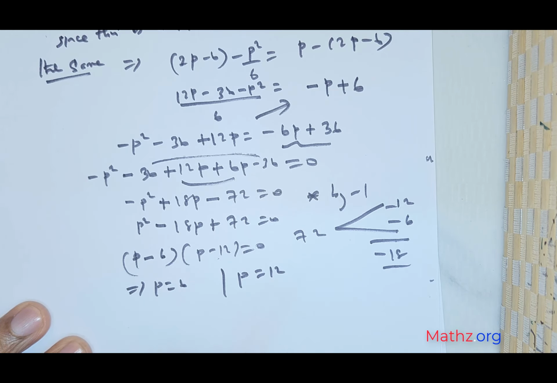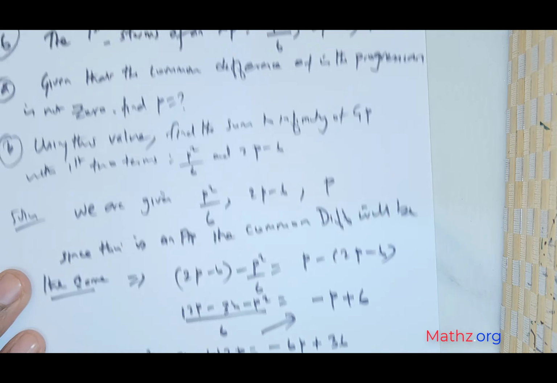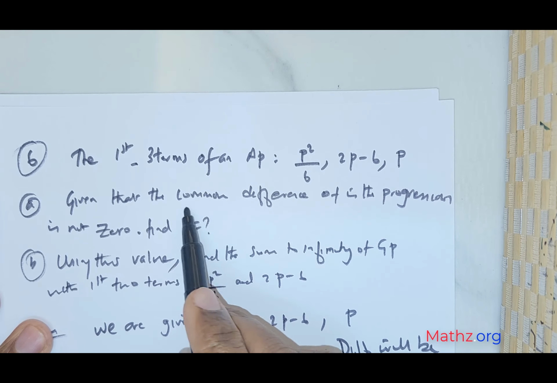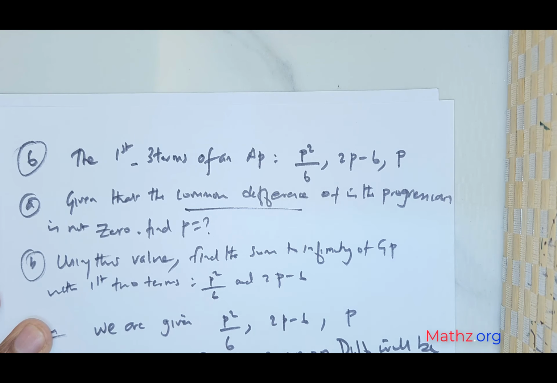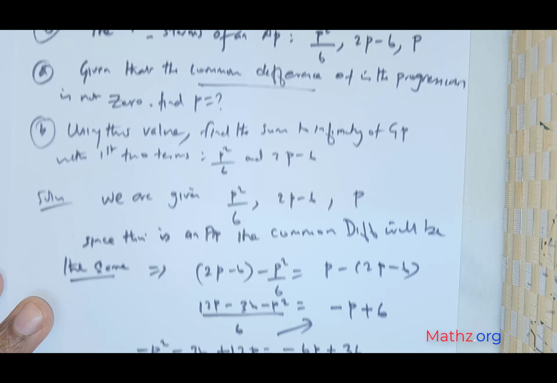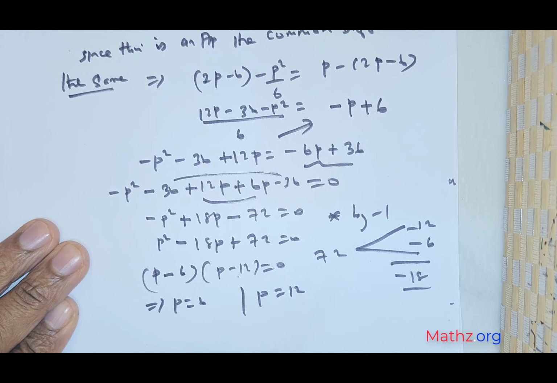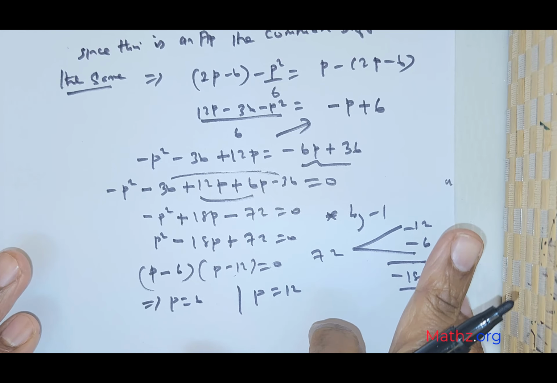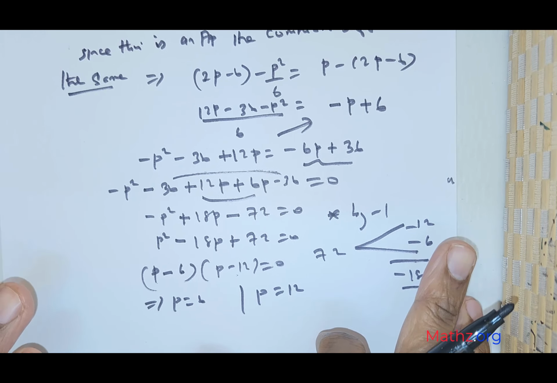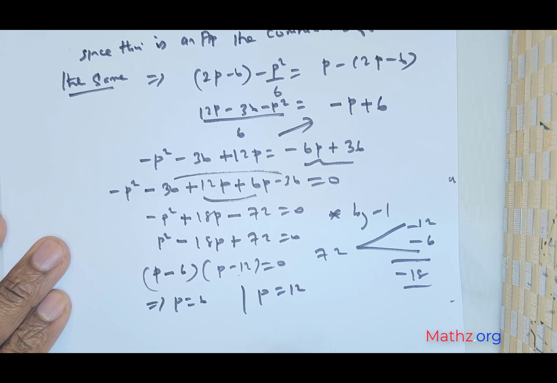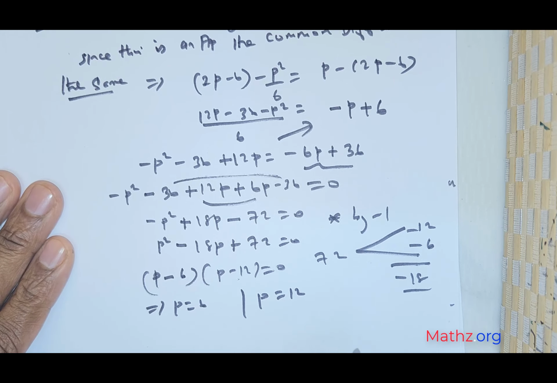Now only one of these will be suitable for us because the common difference of the progression is not 0. In other words, we cannot breach that condition.